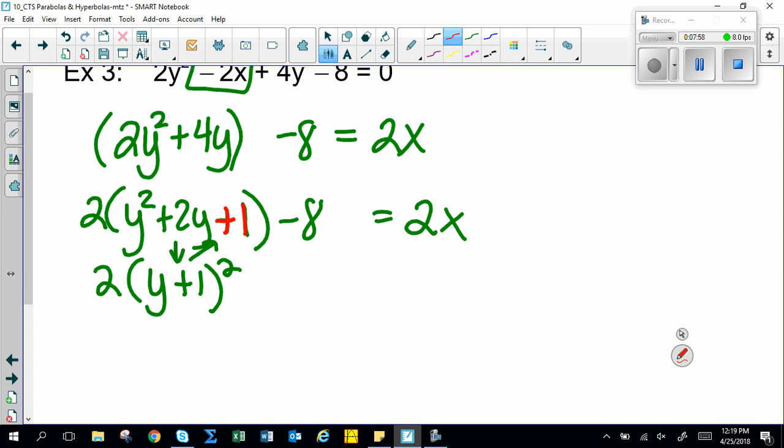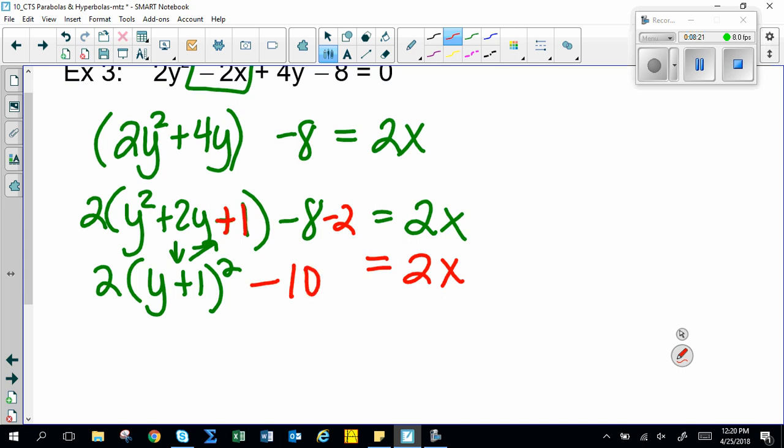So you can balance that by adding 2 to the right-hand side, or I want that x by itself. Instead, I'm going to subtract 2 from the same side. So I'm going to add 2 and subtract 2 from the same side, because my goal is to end up with just an x on the right-hand side.